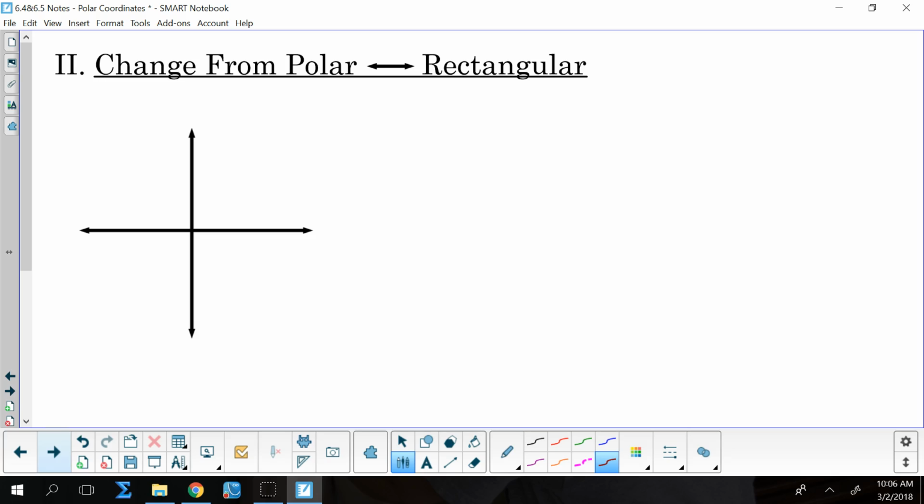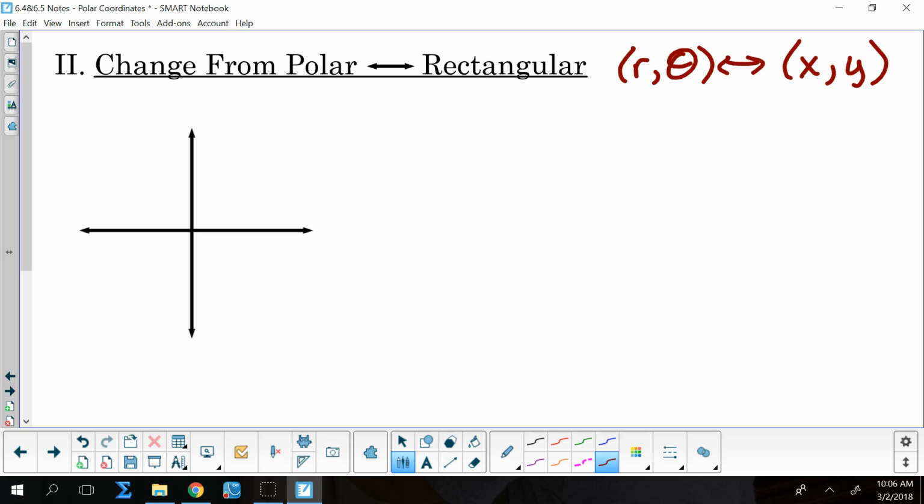So, what we first need to do is remember that polar is r comma theta, and we want to convert that back and forth into x comma y.